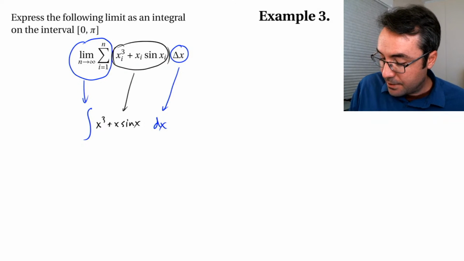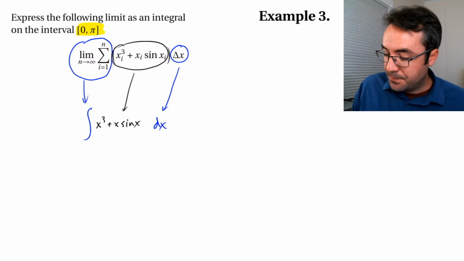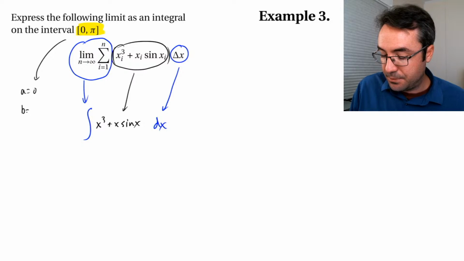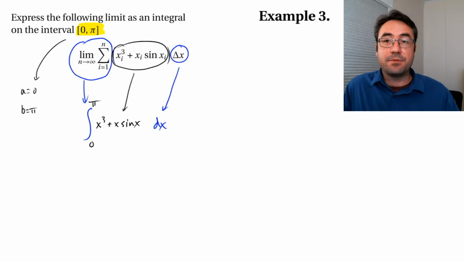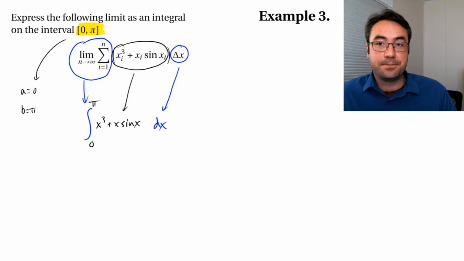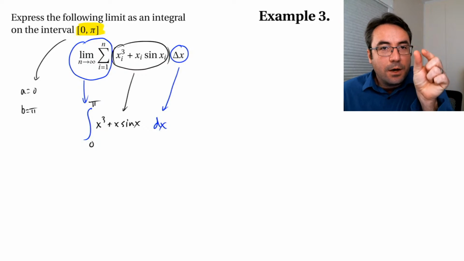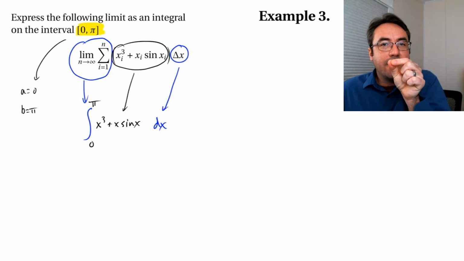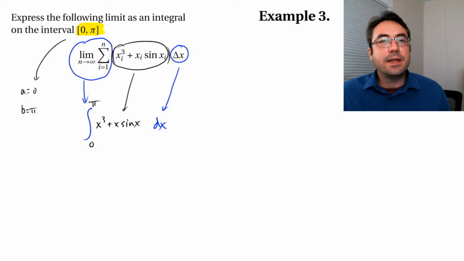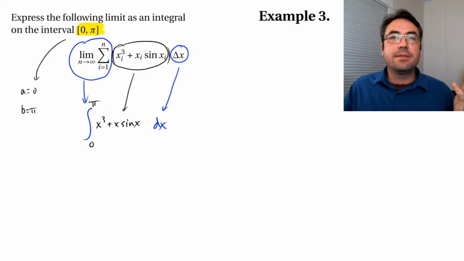Looking at our interval here, 0 to pi, that tells us a is equal to 0, b is equal to pi. So our limits of integration would be from 0 to pi. Really what we're doing with a definite integral is taking all these tiny little rectangles, calculating the area, and then adding them together.